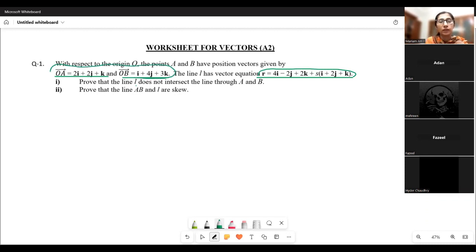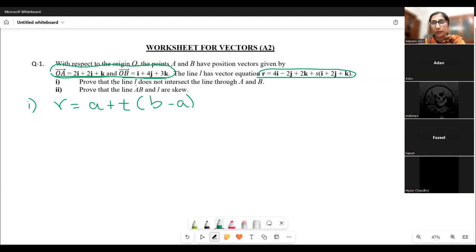So first, we need to form a line passing through points A and B. Okay, so we can use r equals A plus, that's s, this can be called t, times B minus A, because we're given two coordinates.